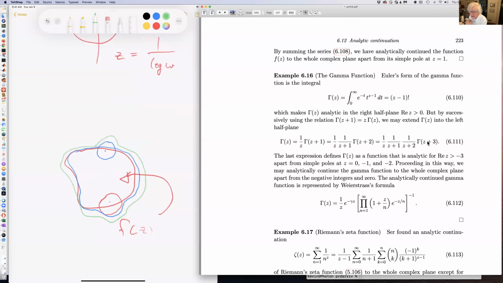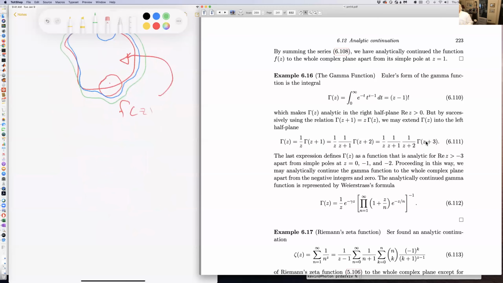And in general, then one winds up in this particular case expanding the gamma function from just the right half plane, so this region there, to the whole complex plane, except for singularities, and the singularities are at the origin, at -1, -2, -3, -4, and so forth.